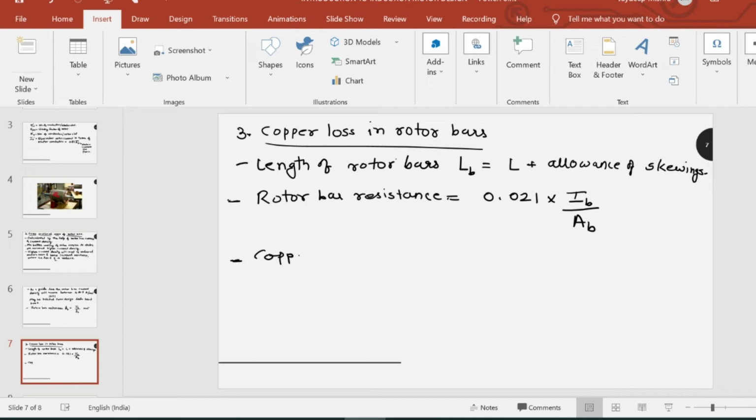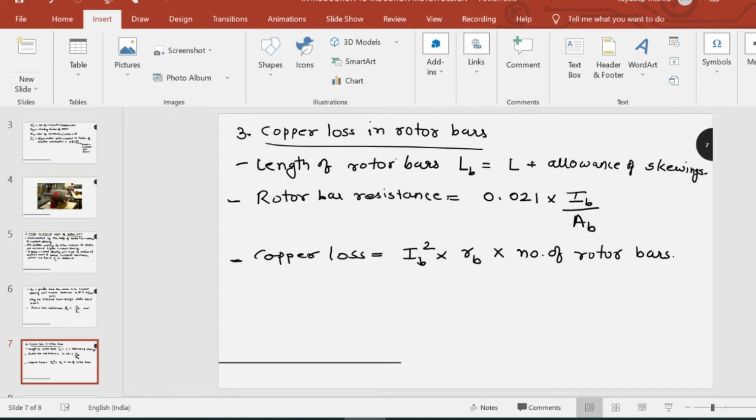So what is the copper loss? Copper loss in rotor bar is rotor bar current square multiplied by its resistance, rotor bar resistance RB, multiplied by number of rotor bars.